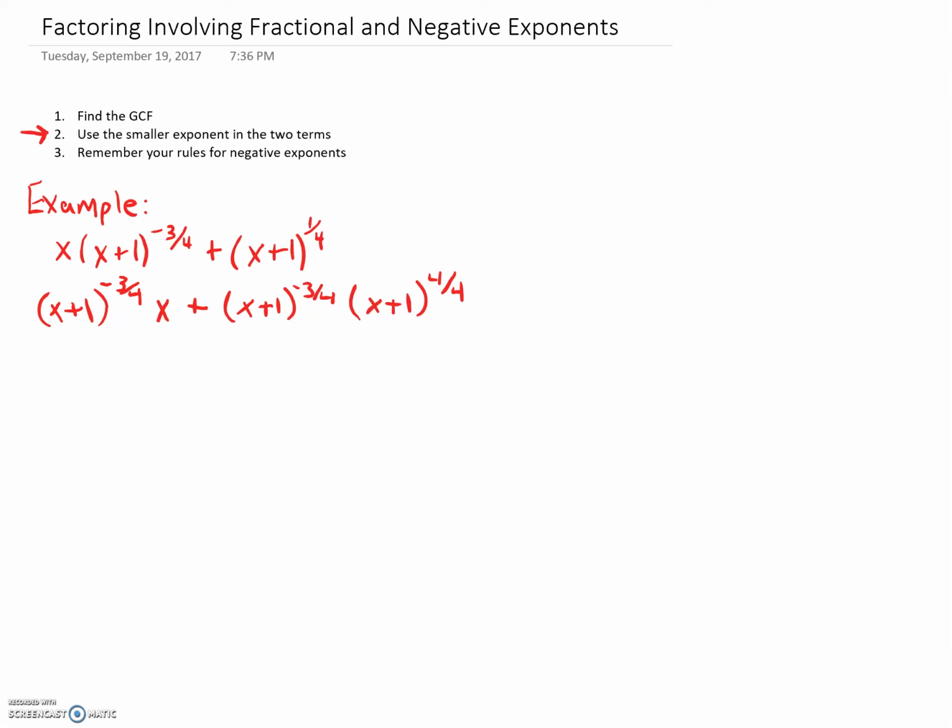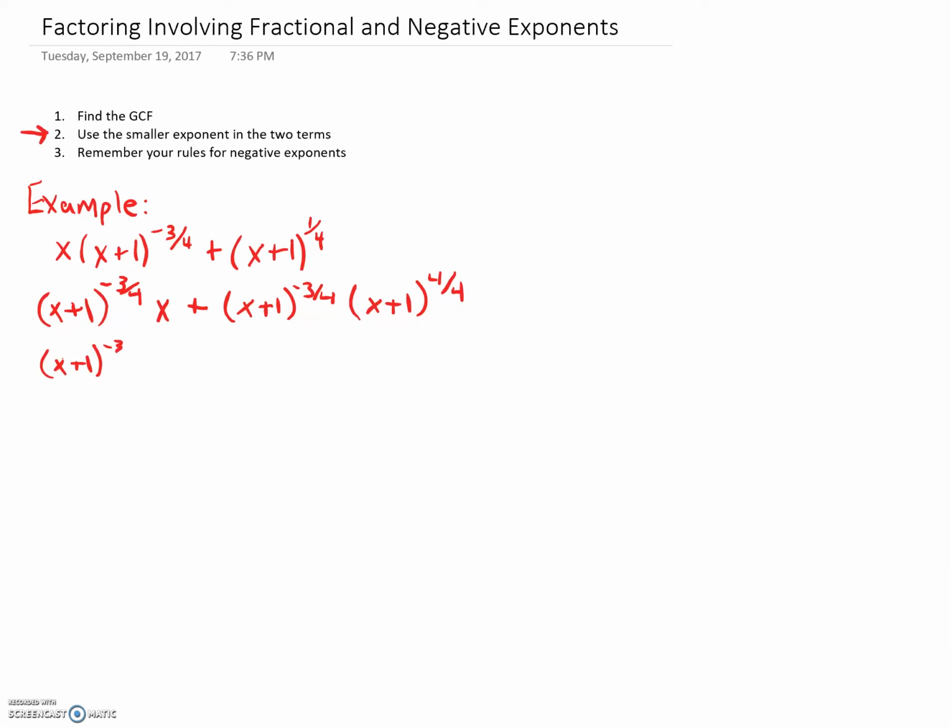So now we have a little bit of work to do here. We're going to take our greatest common factor and do just like we've done before. We're going to simplify, which we did, and we're going to use that rule of finding the greatest common factor and grouping. So here's what I mean by simplifying. We have the same thing here.